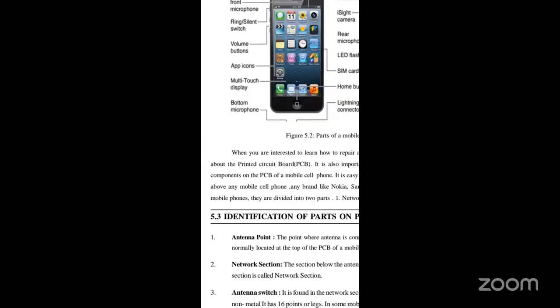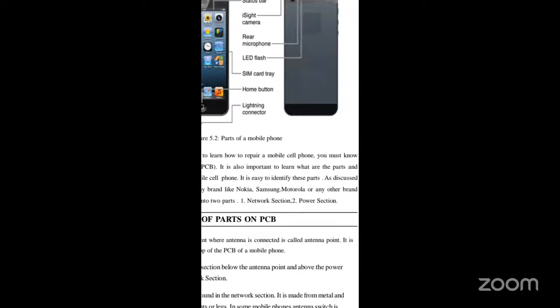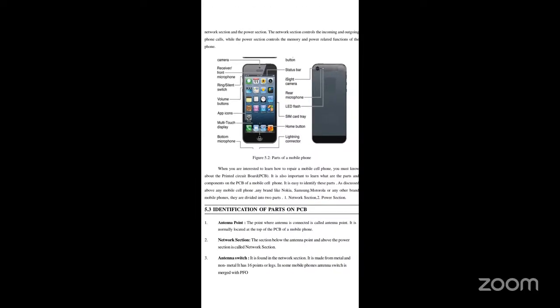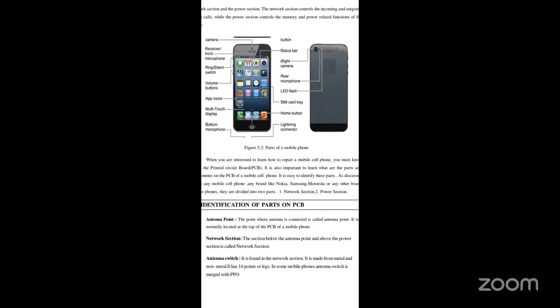It is also important to learn what the parts and components on the PCB of a mobile cell phone are. It is easy to identify these parts as discussed above.